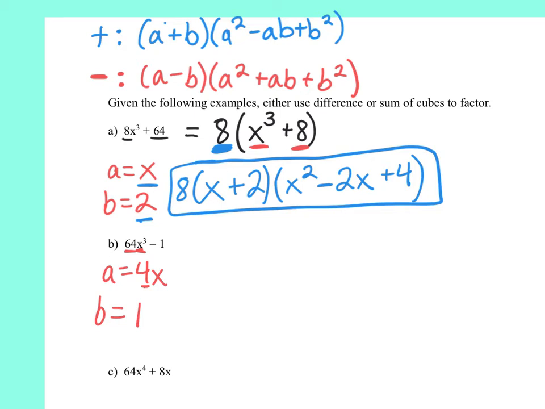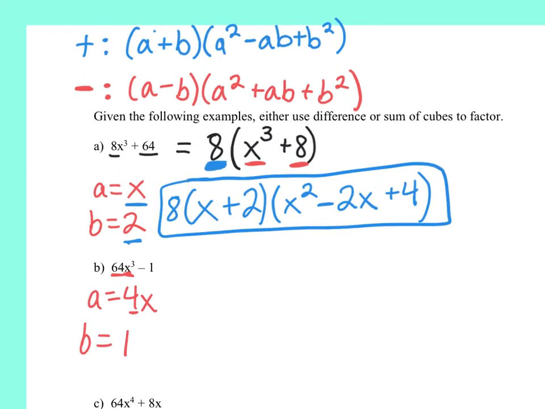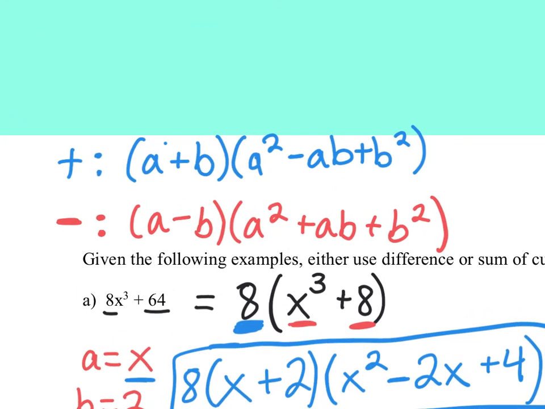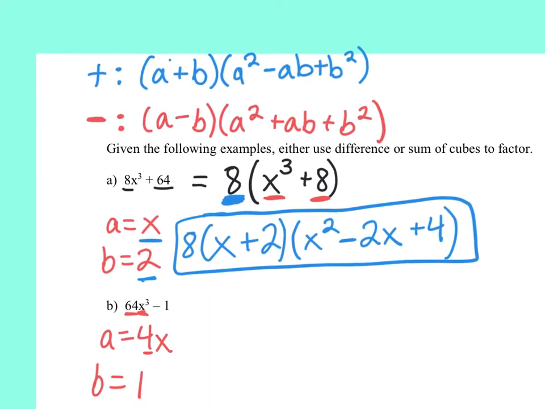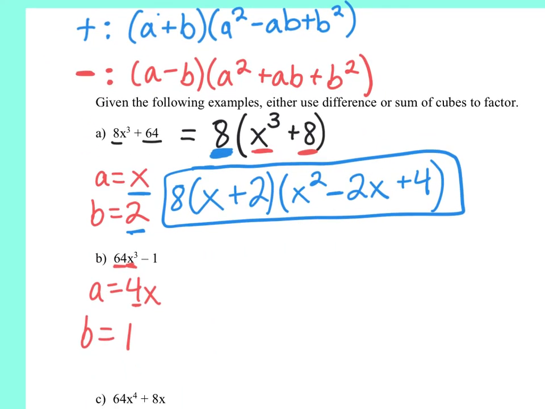Okay, are we ready to set this up now? Yeah. So which one am I plugging it into up here? The red one, the second one? Okay. So plug it in for me. What do we got? We got 4x minus 1. Cool. 4x squared.